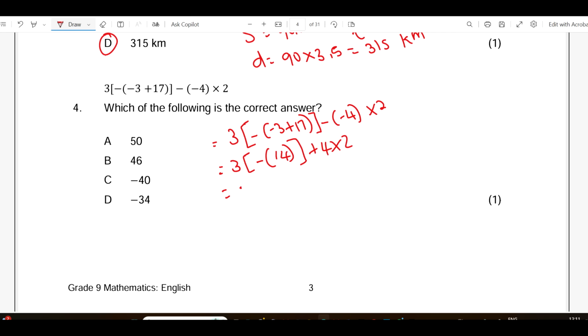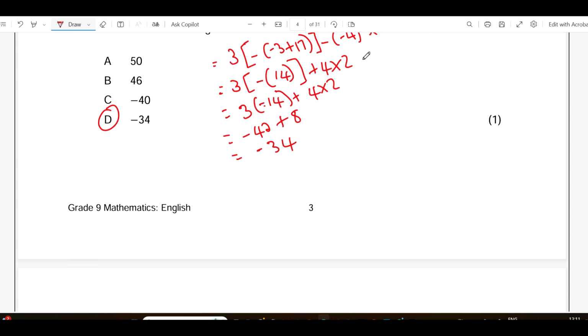So it's going to be 3 times negative 14, which is negative 42, plus 4 times 2. And 4 times 2 is 8. So the correct answer is minus 34. The correct answer is D.